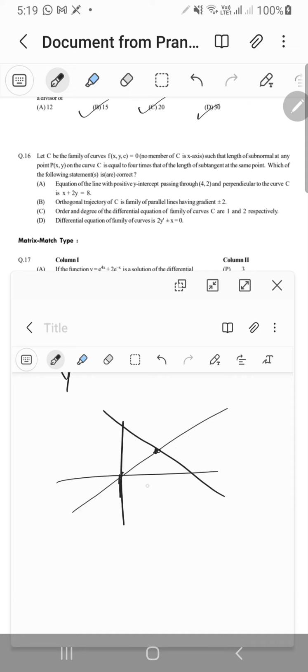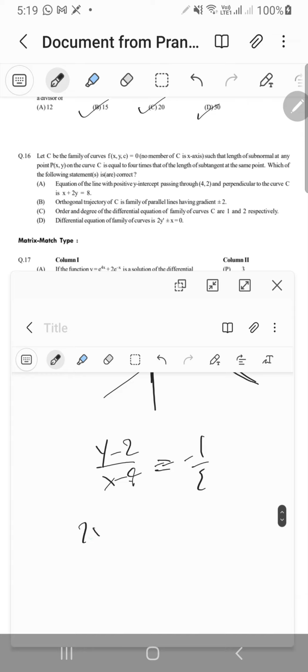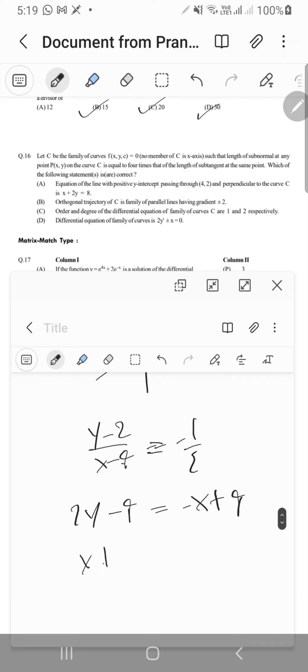Oh, then this would just pass through the origin. Positive y-intercept, then this should be this thing. So yeah, just y minus 2 upon x minus 4 equal to negative 1 upon 2. 2y minus 4 equal to minus x plus 4. So x plus 2y equal to 8. Yes, that's correct.